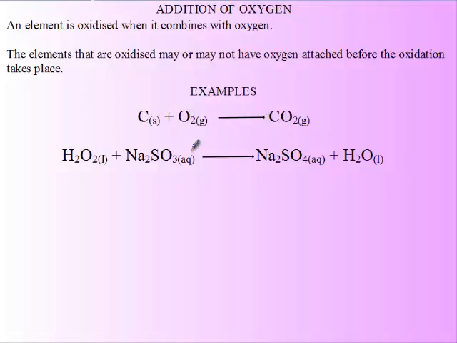Now let's take the first one, burning of carbon compounds. When carbon is burnt in oxygen, carbon dioxide is produced. This element here was only carbon, but the oxygen is now attached to it to give us carbon dioxide. The element had no oxygen attached to it, but it ended up with 2 oxygen atoms.